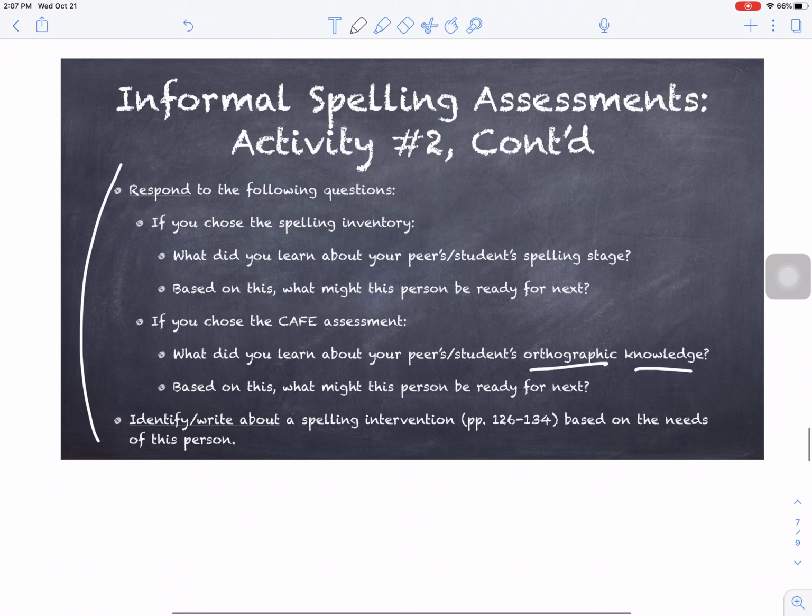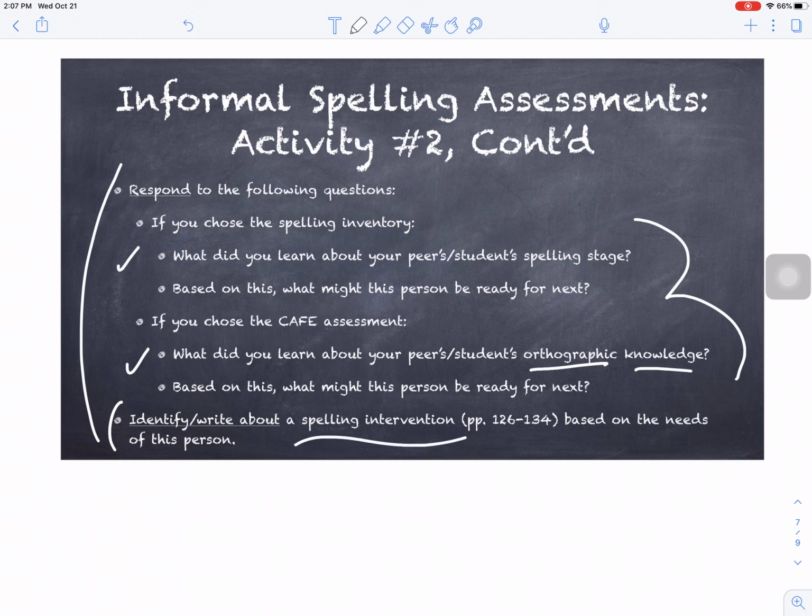And then finally, after you've responded to the appropriate questions here, you'll identify and write about a spelling intervention that is based on the needs of this person. So essentially you're using your data here to answer questions about the stage your student is in, the orthographic knowledge your student or peer has, and then you're thinking about how you would intervene to support that student.